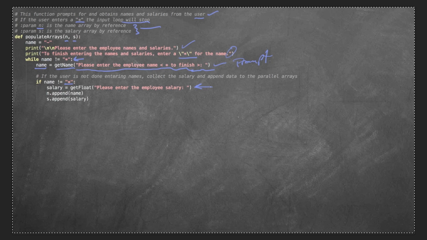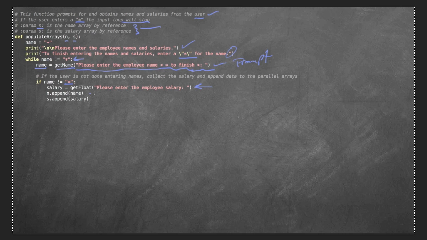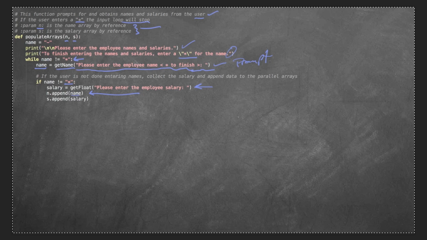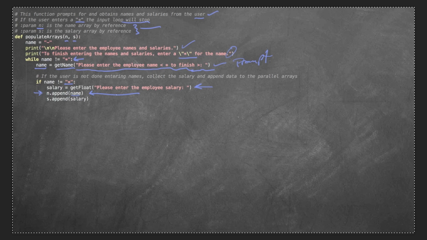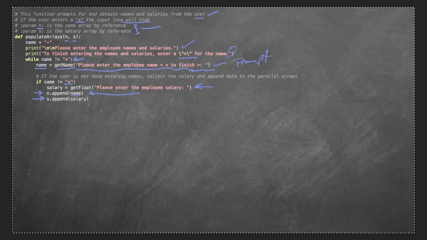If we do succeed in getting the salary, then I am going to take whatever is in the variable name right there, and append it to my name array. And whatever is in the variable salary, I'm going to append it to the salary array.